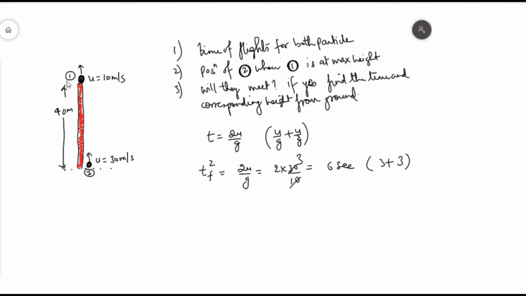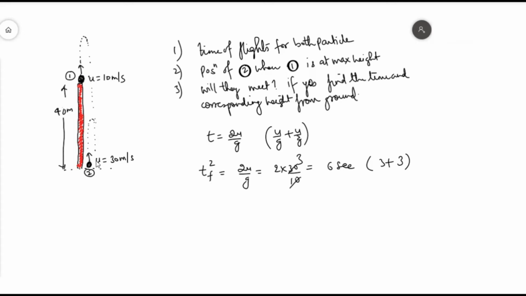Now think about the calculation of time of flight for particle 1. Particle 2 went something like this and then came back to this. I'm not sure whether this is going to cross this 40-meter barrier or not, so we'll have to see for that, but this will be the general path of particle 2. But for particle 1, it's going to go up and then come down.